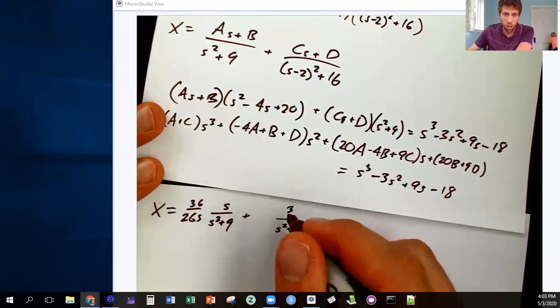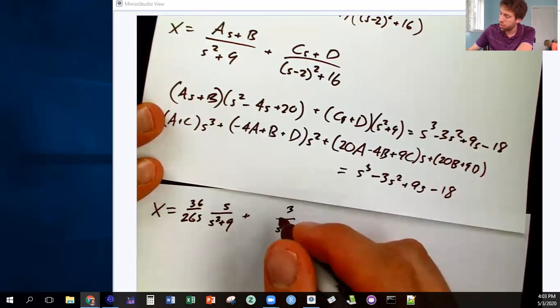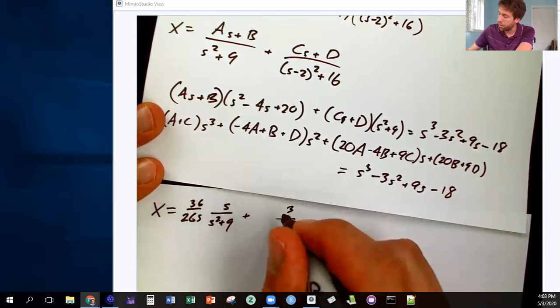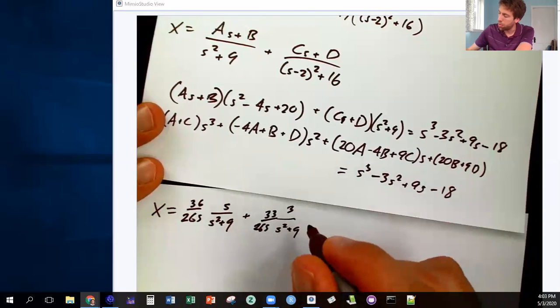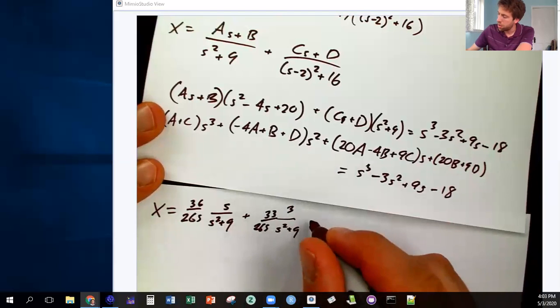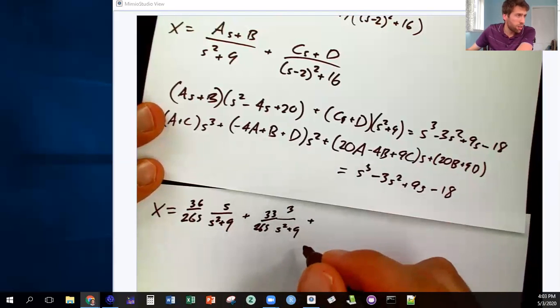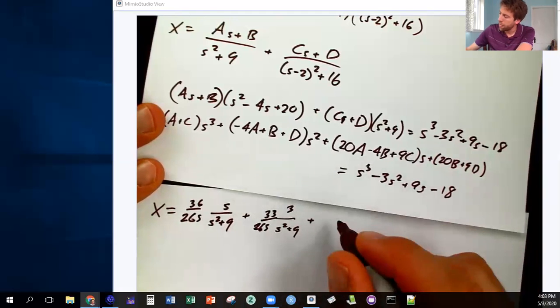And so my term is 99 over 265, but I'll really write it down as 33 over 265 times 3 over that, plus, and then c is 229 over 265.